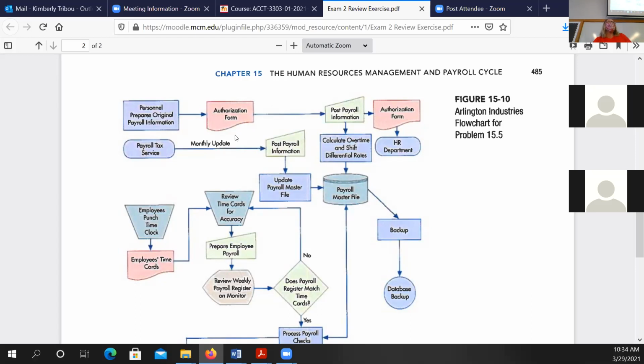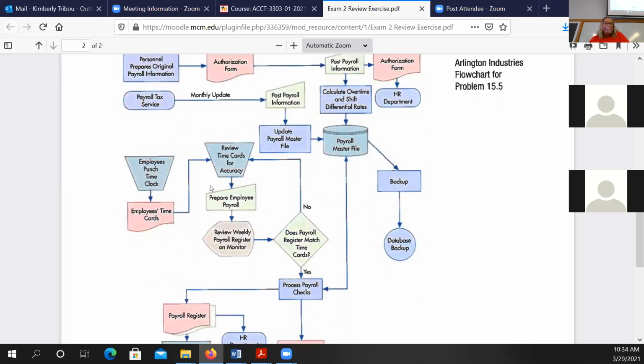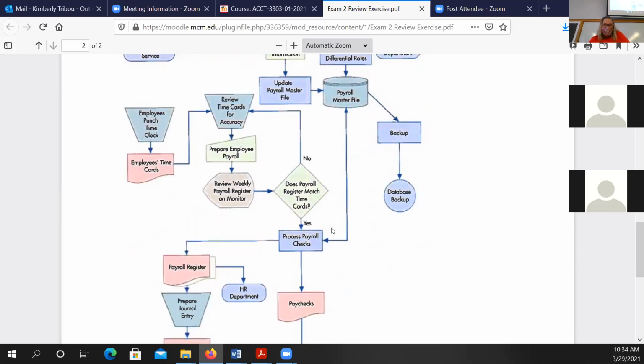So there's a much lower probability that they're going to manipulate it for their own benefits. It also takes out some of the errors because they're feeding us this monthly update that automatically goes to the computer, the payroll master file here. And the less we as humans have to touch things, the better. So I believe those were all of the inputs.